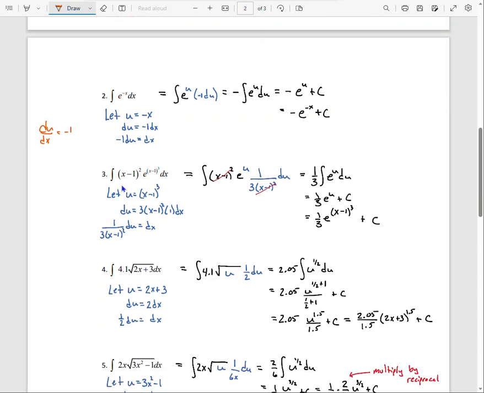Okay, number 3, the integral of x minus 1 all squared times e to the x minus 1 cubed dx. Well, there's a couple of problems here, but having u equal just x minus 1 is not going to help. This x minus 1 cubed is in the exponent of e, so I'm always going to start looking there. I'm going to let u be that entire exponent, just like I did with the previous problem.